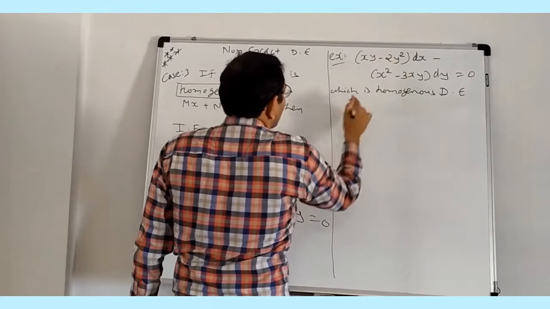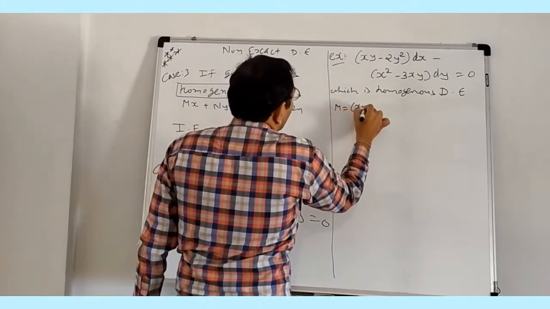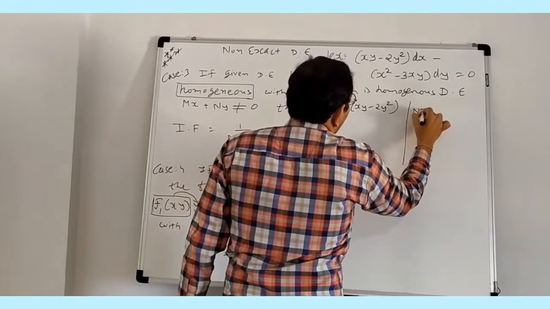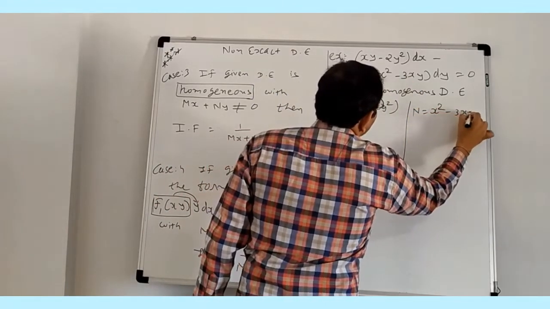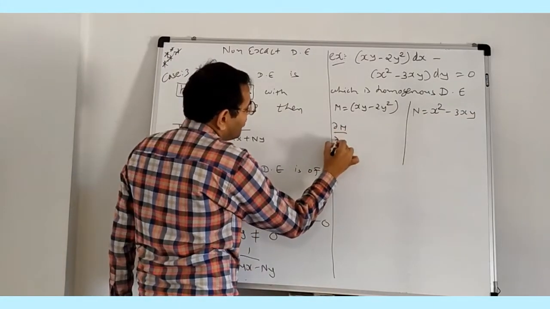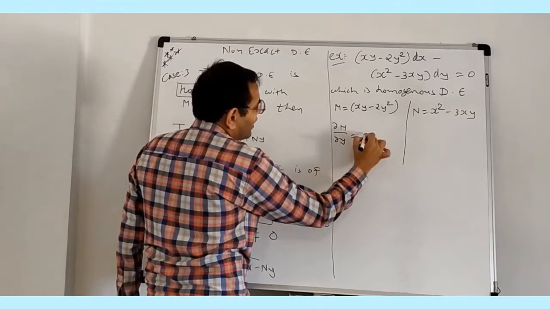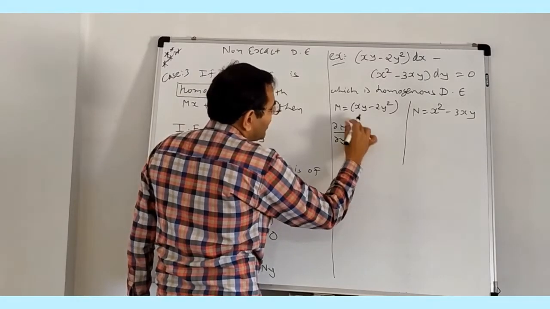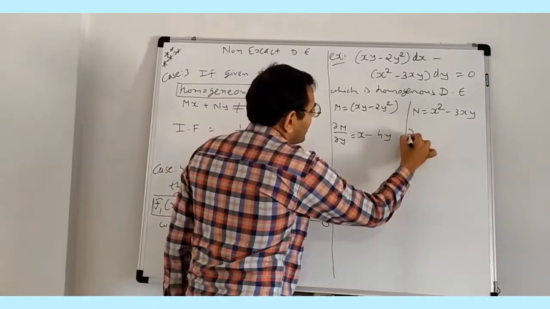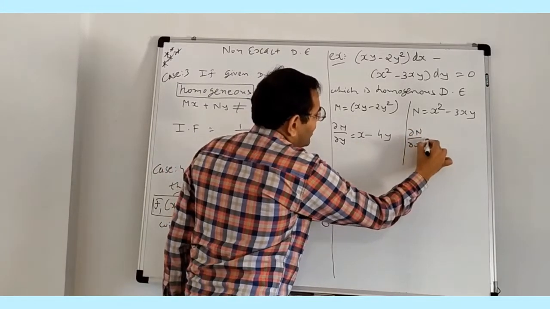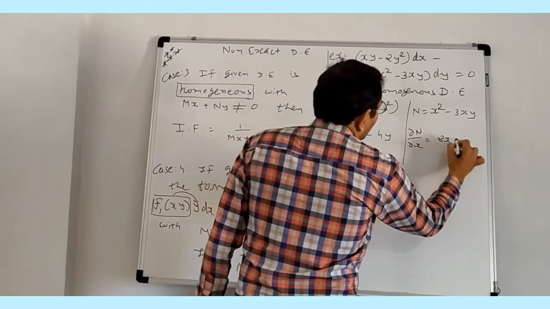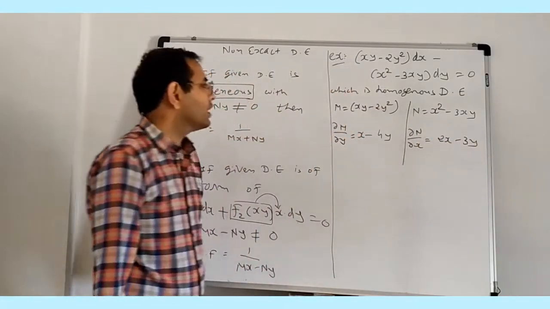Now the term indicated by M is xy minus 2y square, and the term indicated by N is x square minus 3xy. Then the partial derivative of M with respect to y is x minus 4y, and the partial derivative of N with respect to x is 2x minus 3y.